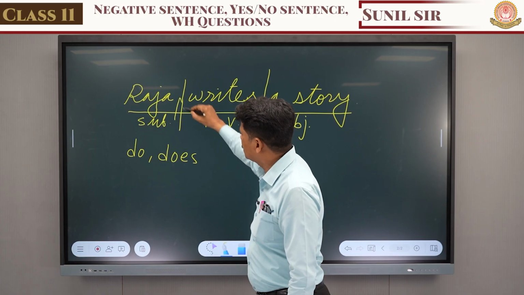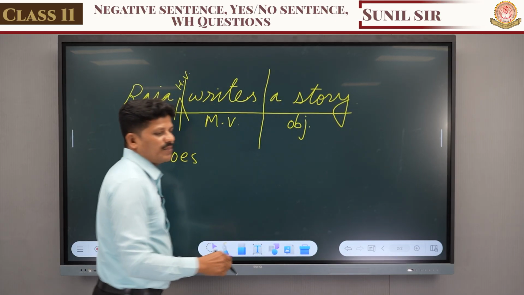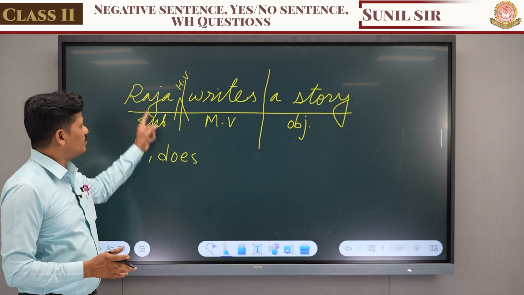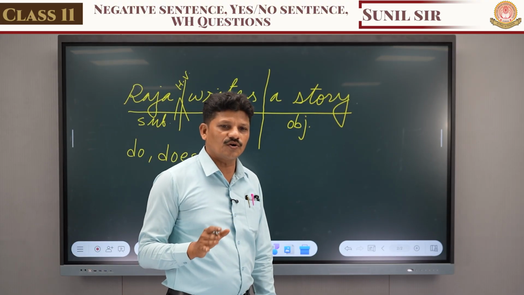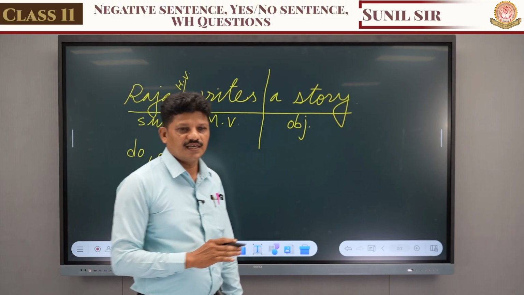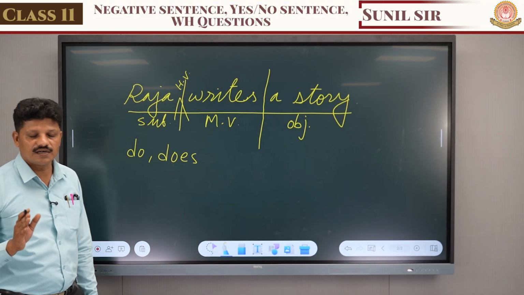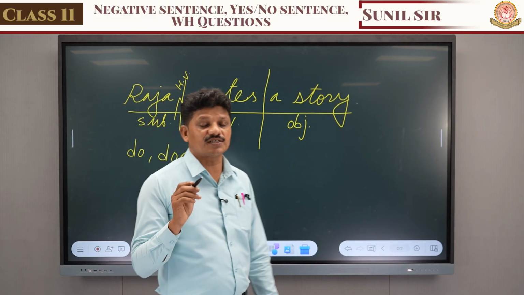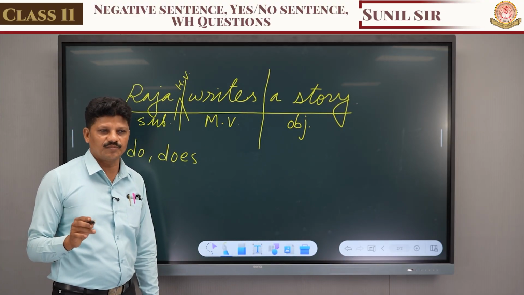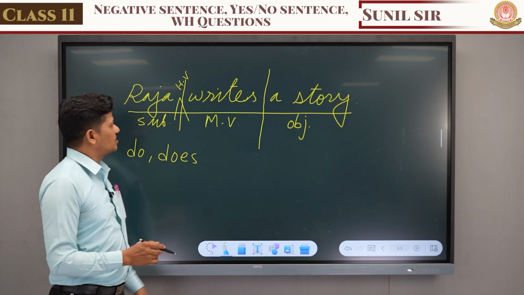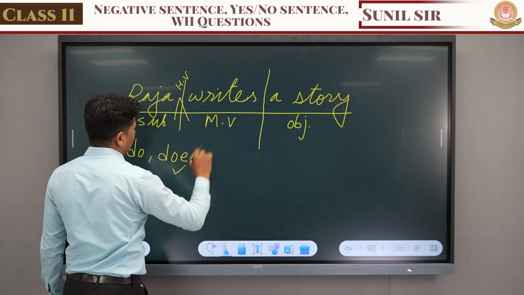Now it depends on the subject. If the subject is third person singular, the helping verb will be does. If the subject is other than third person singular, the helping verb will be do. So here the subject is third person singular, that means the helping verb is does.